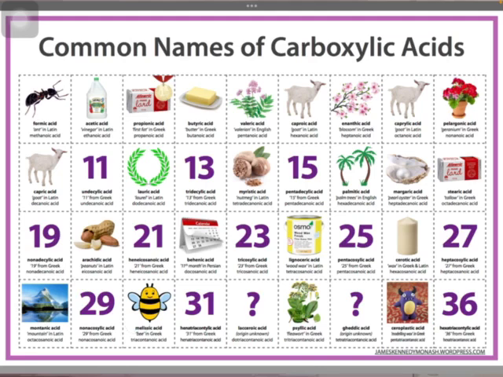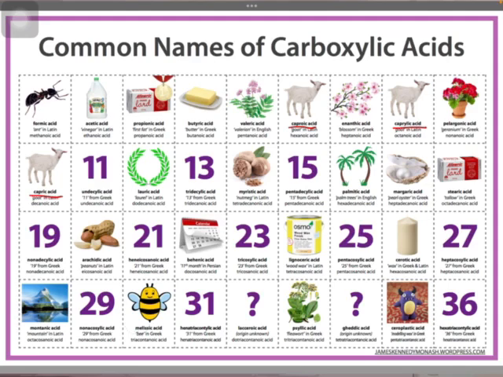Okay? So the one in bold, that's the common name. Okay? So, yan, may nakikita kayong goat dyan. Yung isa is caproic acid, yung isa is caprylic, and yung isa is capric acid. So, these are all from goat.